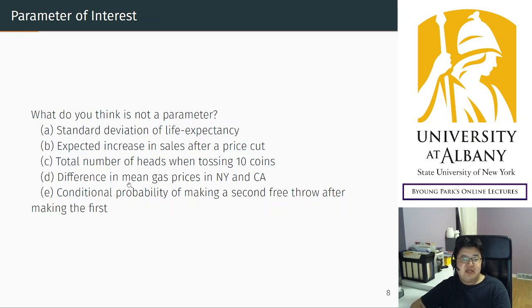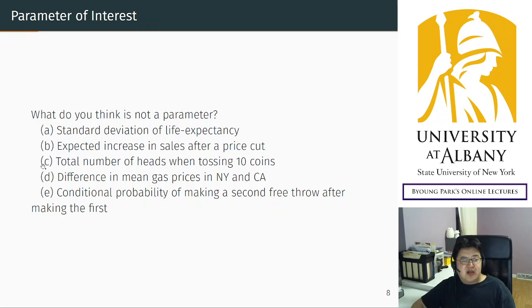And for the difference in mean gas prices, if you can visit all the gas stations, you can calculate that. Making the second free throw after making the first: if you can shoot free throws an infinite number of times, then you can calculate that probability.